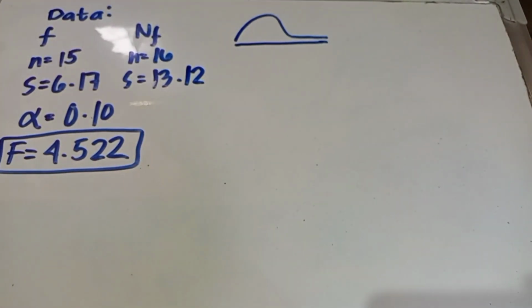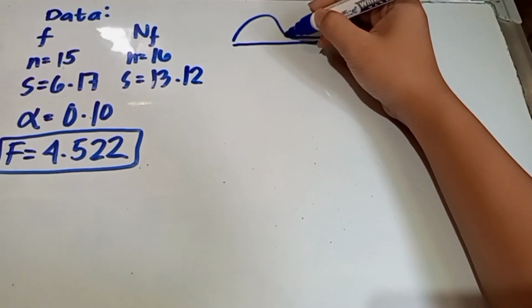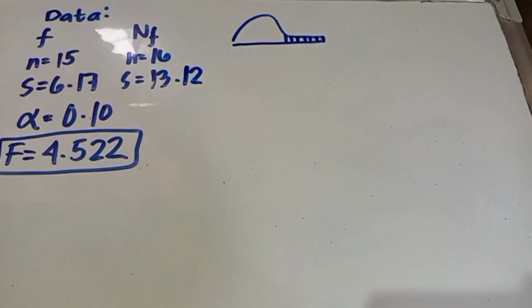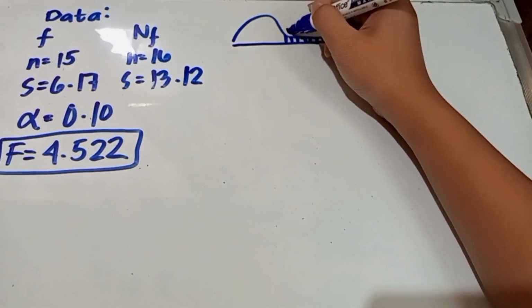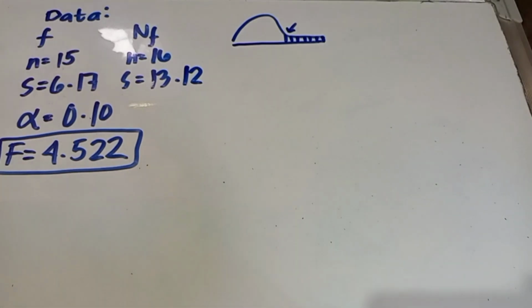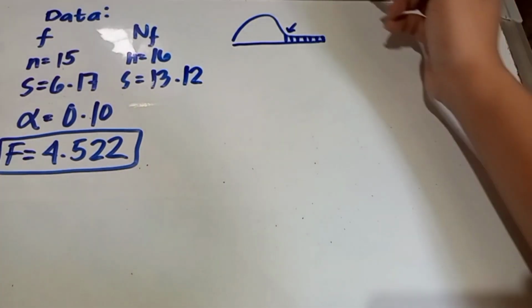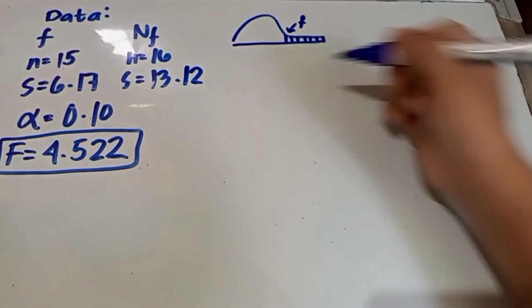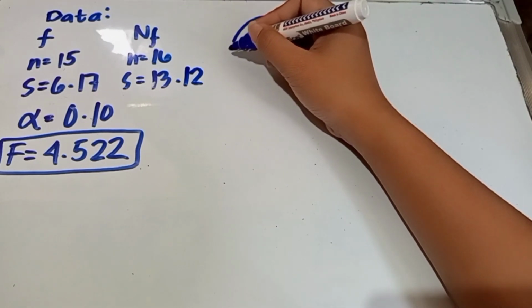It's a right skewed distribution, and what we need to do then is to find a rejection region. That will be in the upper tail. We're looking for an F value right here. This would be the critical value that separates the rejection region from the do not reject region.